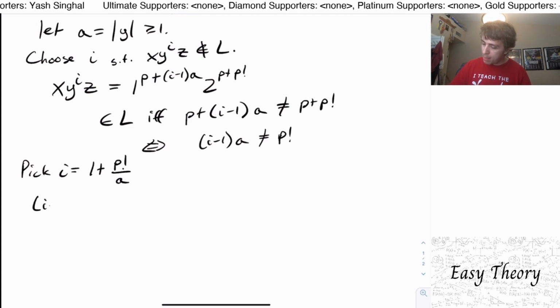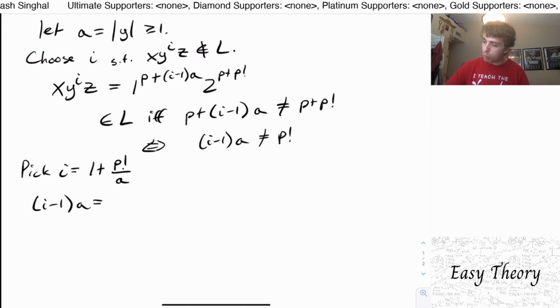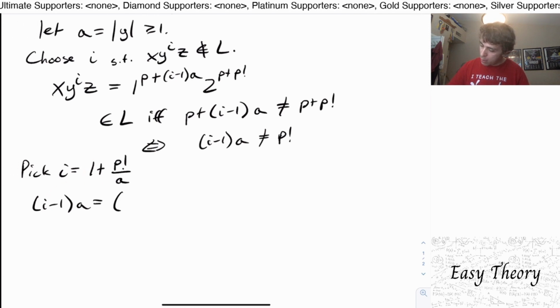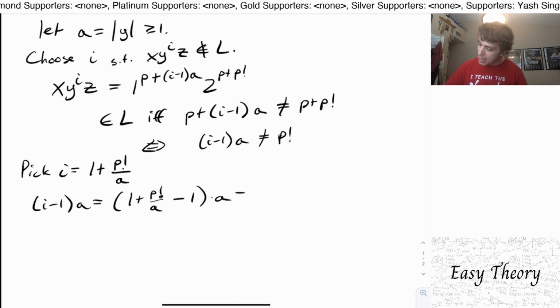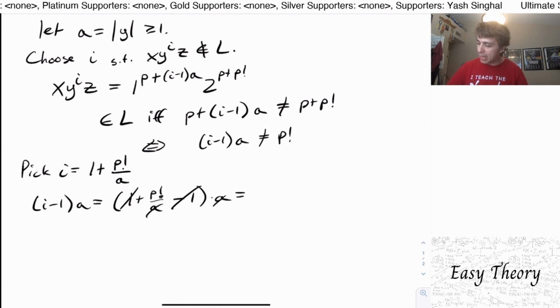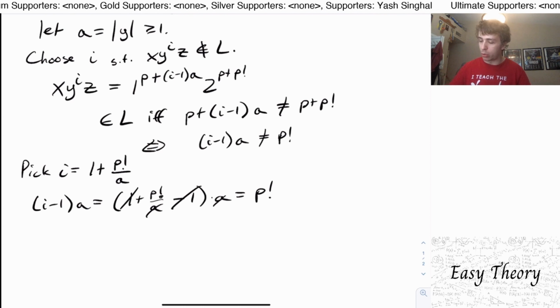I minus 1 times A, we'll just substitute this in. Then we have 1 plus P factorial over A minus 1, because of this minus 1 here, times A. The minus 1's cancel, and then the A's cancel, because it's P factorial over A times A. So this is P factorial.